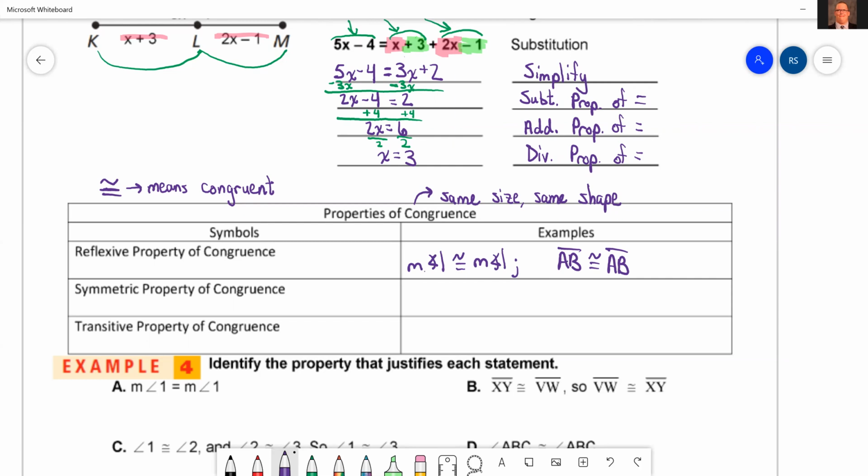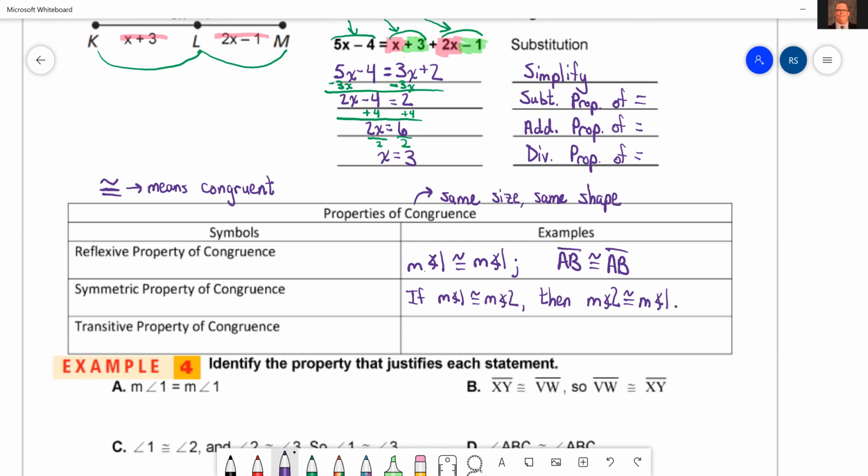Okay. The symmetric property of congruence. This example would be like saying if the measure of angle 1 is congruent to the measure of angle 2, then the measure of angle 2 is congruent to the measure of angle 1.